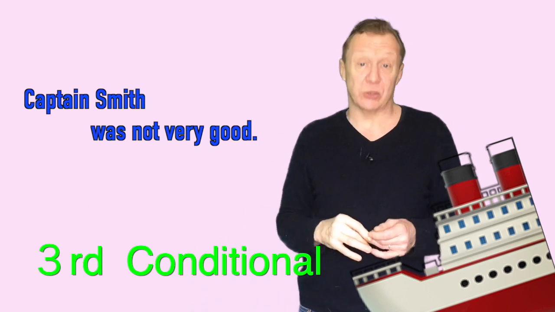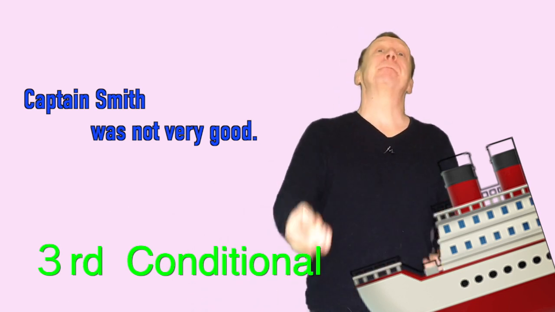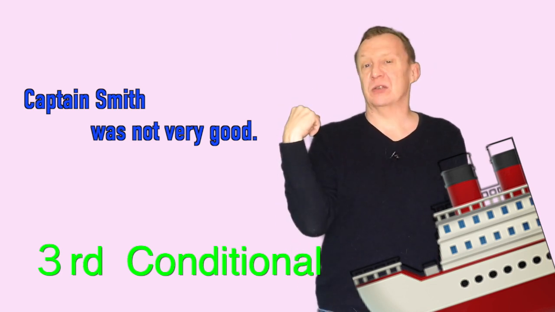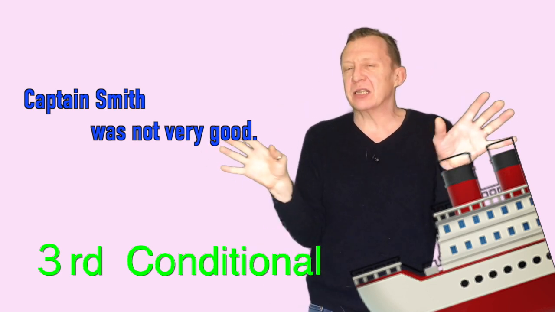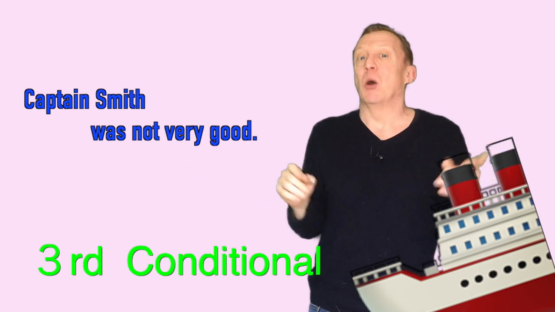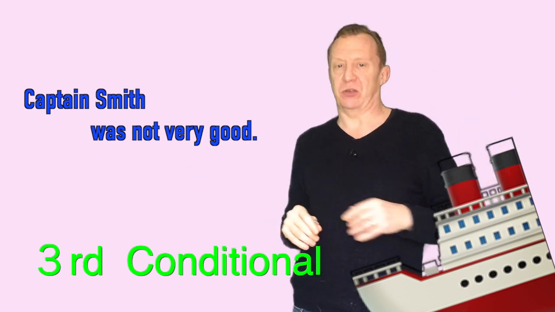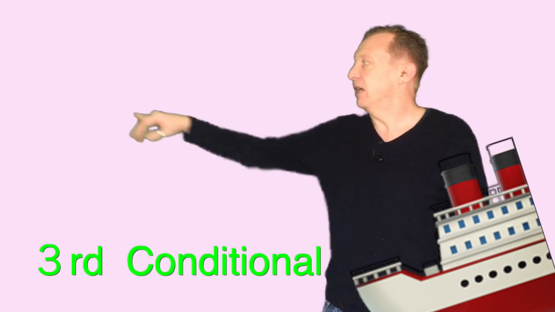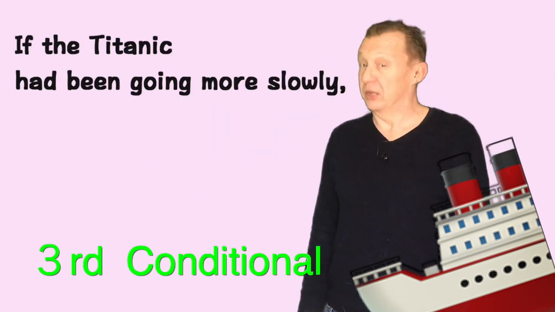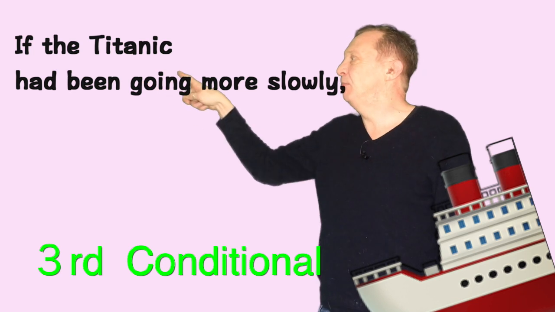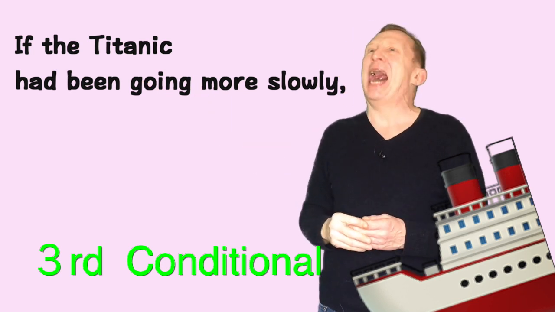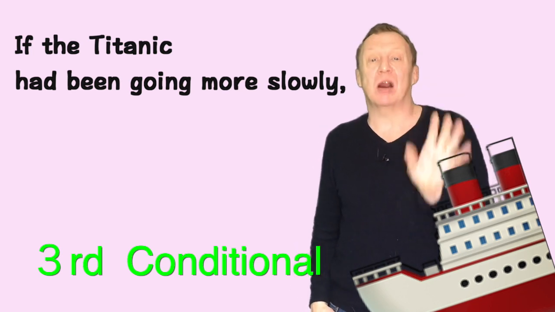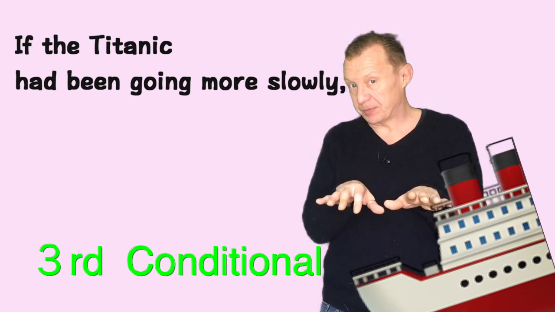Now, 1912 is the past. So we have a classic what if situation. So let's look at the construction. If the Titanic had been, what's that? Had been. Oh, I know. It's the past perfect.